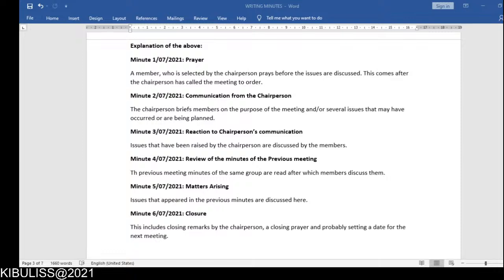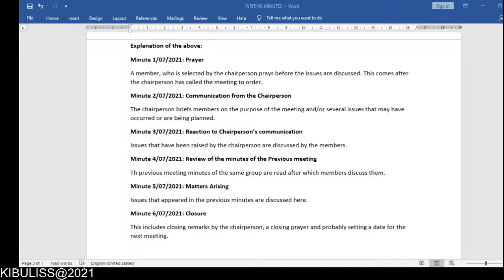The fourth minute is about the review of the previous meeting. This is where the minutes of the last meeting of the same group are brought by the secretary. They are shared with the members. Then you read paragraph by paragraph.